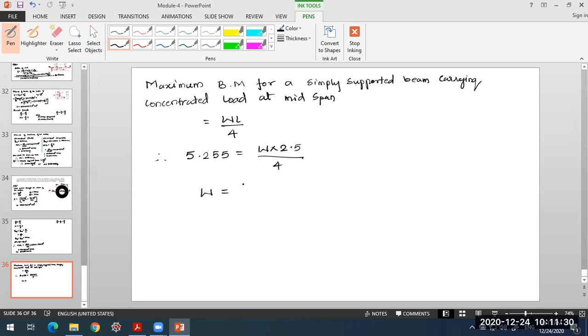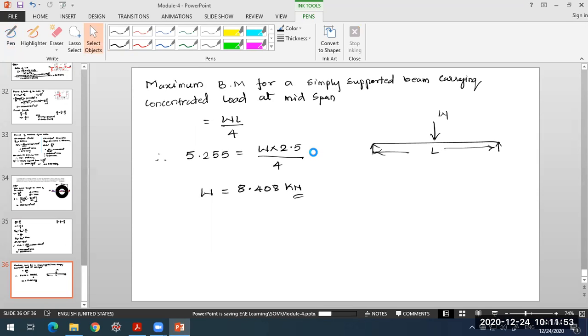It is 8.408 kilonewtons. That is the maximum concentrated load the beam can support at the midspan. This is how you find the maximum load the beam can support.